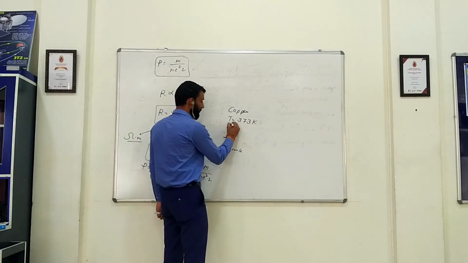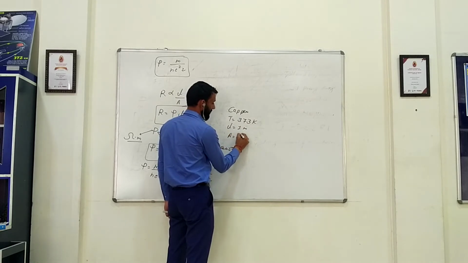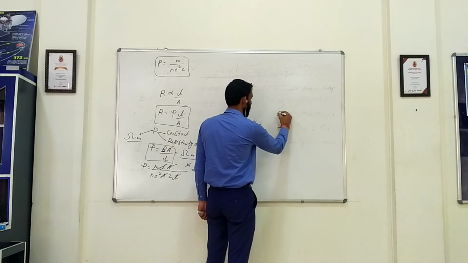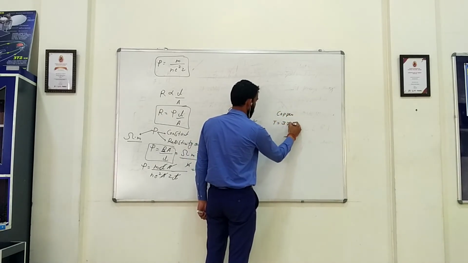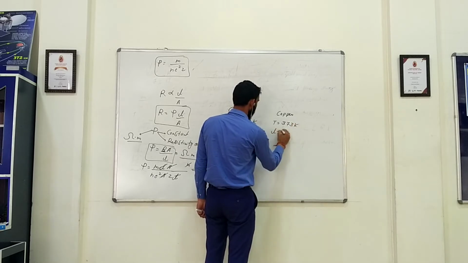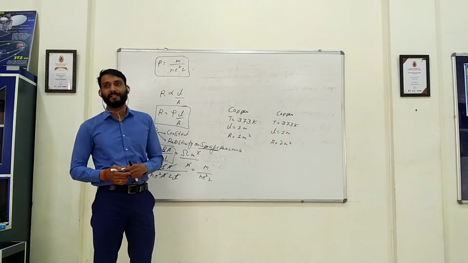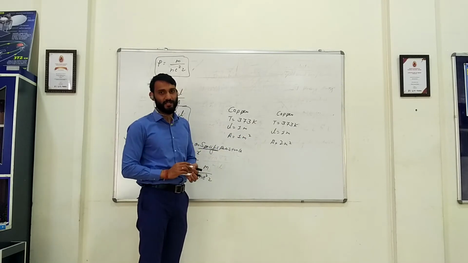The length of both wires is 1 meter, but their area is different. The area of one wire is 1 meter square. The second wire is also made of copper, the temperature is the same, the length is the same, but the area is double, that is 2 meter square. Now I ask you a question.